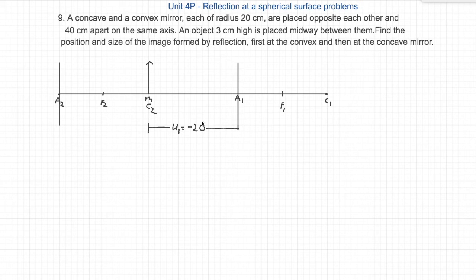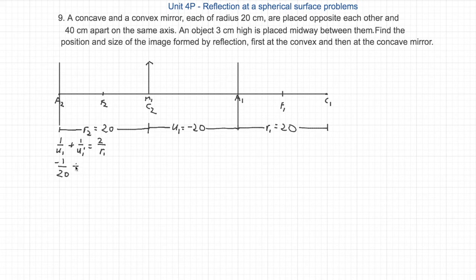Now we're given that our object distance to the first mirror, A1M1, is -20. Its radius is R1. The radius of our second mirror is R2, both in a positive direction, left to right. Now we'll do our object and image calculation for our first mirror, the convex mirror on the right.